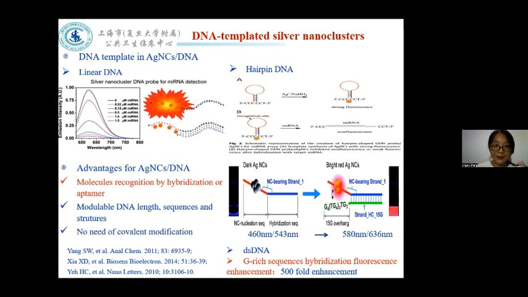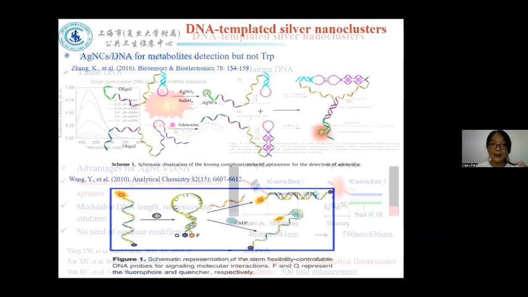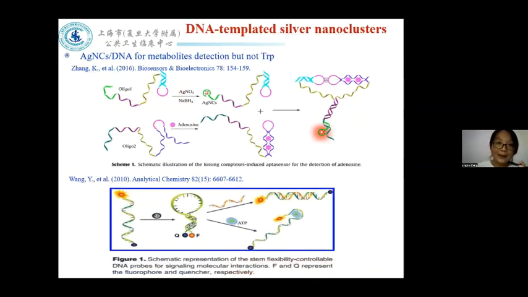Thirdly, there's no need for covalent modification. And DNA templated silver nanoclusters have been reported for metabolite detection, but not tryptophan.